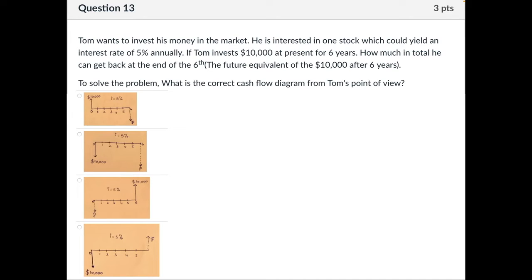All right, question number 13 is about the equivalent values. Okay, so Tom wants to invest his money in the market. He is interested in one stock which could yield an interest rate of 5% annually.